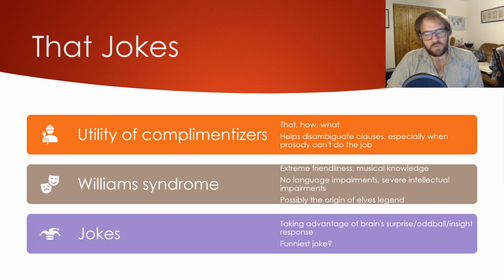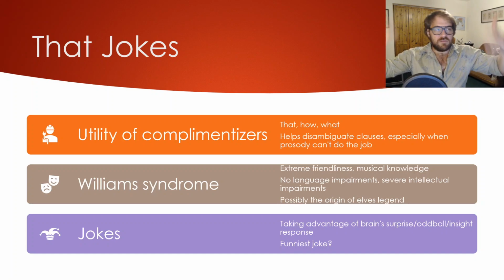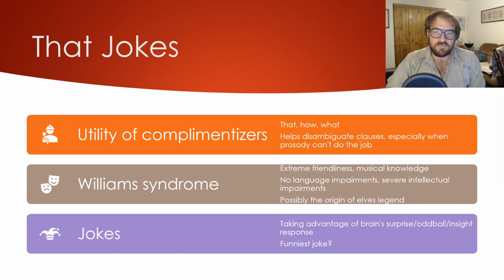They might be the origin of the elf legend in the medieval era, because it is possible that they would be sent away from their family to places that just housed other people with Williams syndrome. They would play music and talk to people and be like these friendly, carefree, musical, magical people, it might seem like. And that might be where the origin of this idea of elves actually comes from.